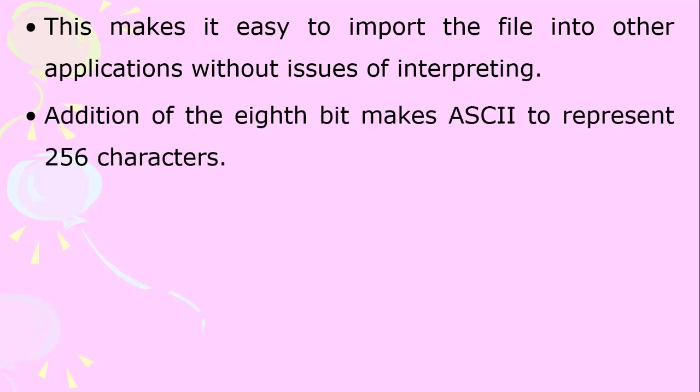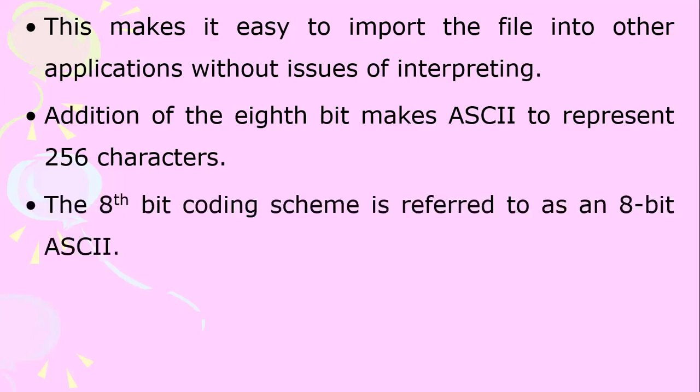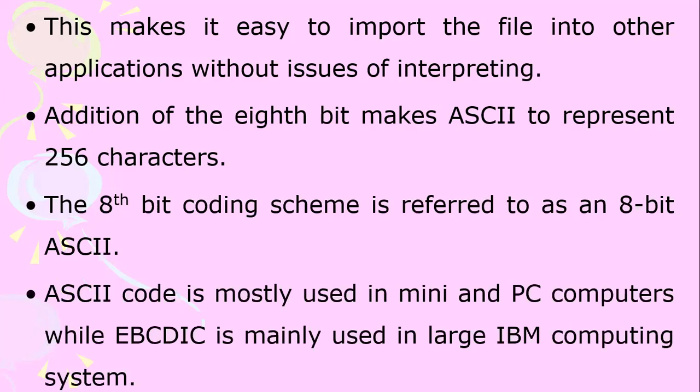Addition of the 8th bit makes ASCII represent 256 characters. The 8th bit coding scheme is referred to as 8-bit ASCII. ASCII code is mostly used in mini and PC computers, with EBCDIC mainly used in large IBM computing systems.